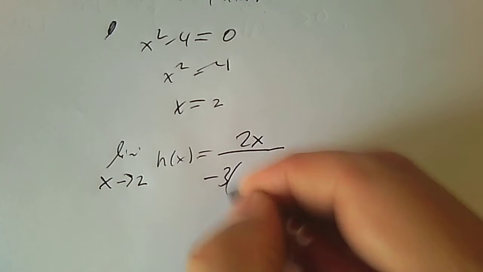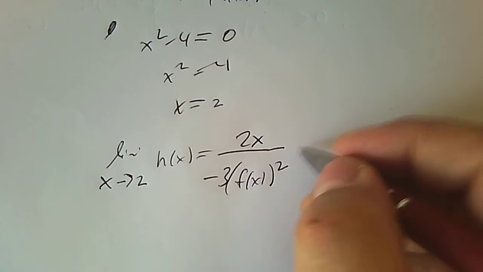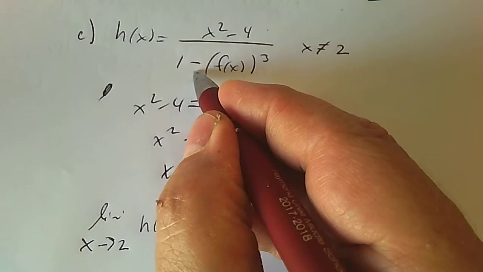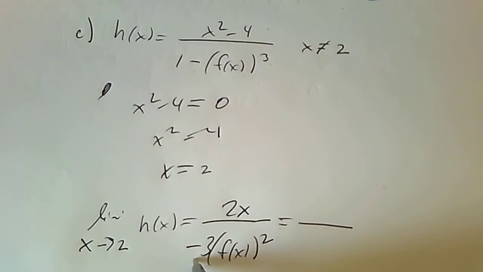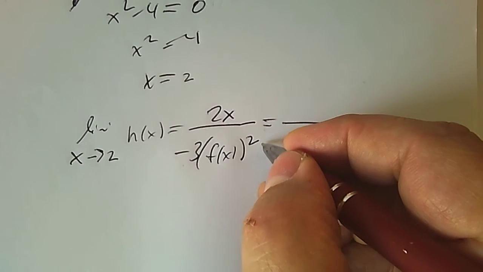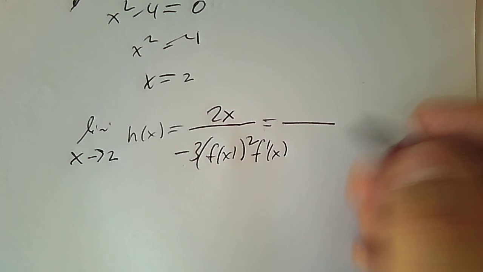Then I'm going to do the power rule. And then I'm going to do it one more time. So we have the negative here. So 3 times negative is negative 3. And then subtract 1 from the exponent. Oh, and it also needs f prime at x.